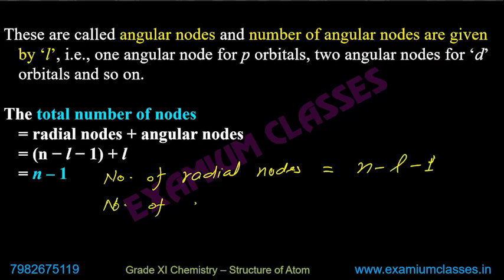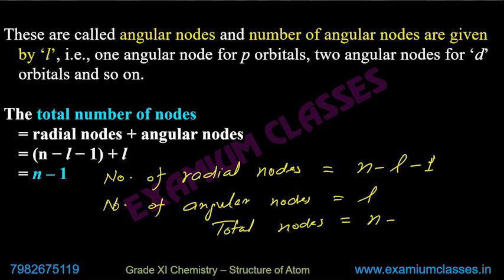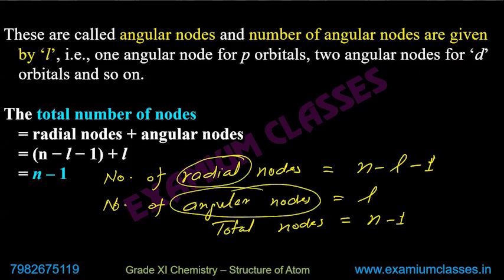Number of angular nodes, L. Total nodes, sum of these, n minus 1. Radial nodes are along the radius, angular nodes along the planes.